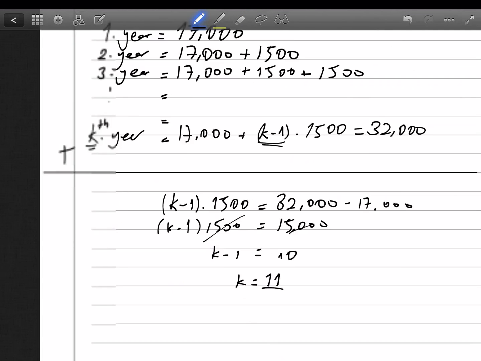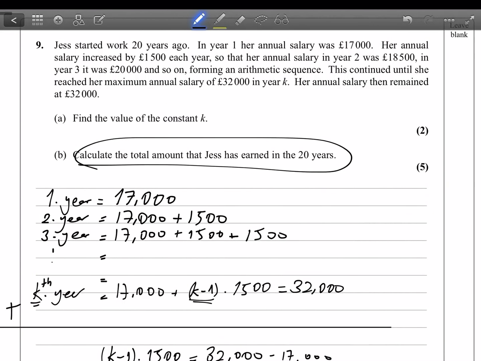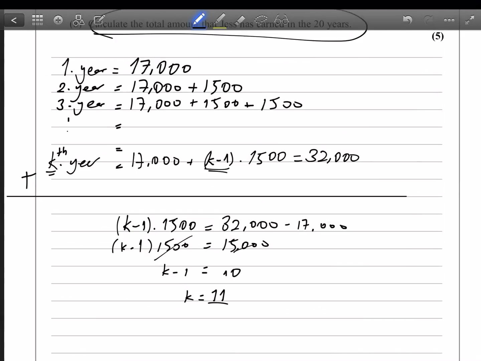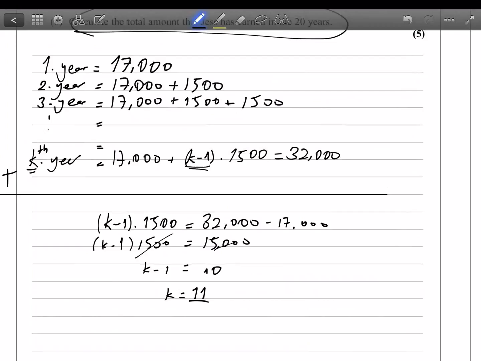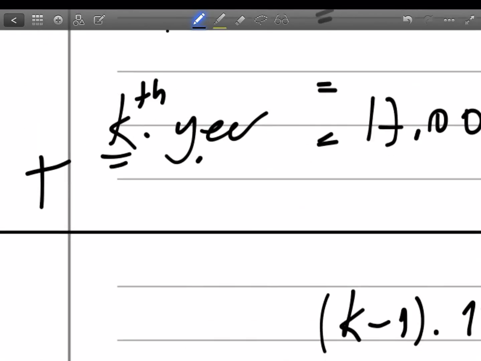11 years. And it asks to calculate the total amount in 20 years. In 20 years. Yes. What should we do? We continue with this 20th year.